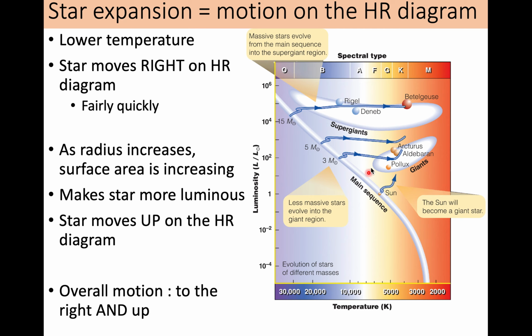If you have a smaller main sequence star, you might have a little bit of increase in luminosity as the star expands. So depending on where you are, the overall motion is absolutely to the right. However, sometimes the stars do get a bit brighter at this point if they're not as bright to begin with.